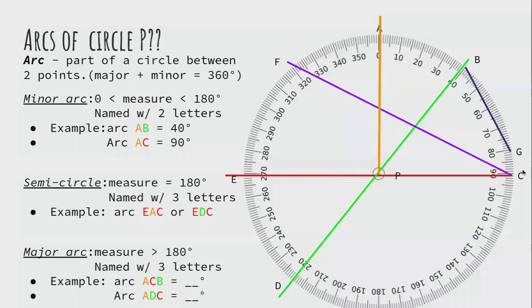Because the minor arc was from A to B, we looked at the major arc related to that.